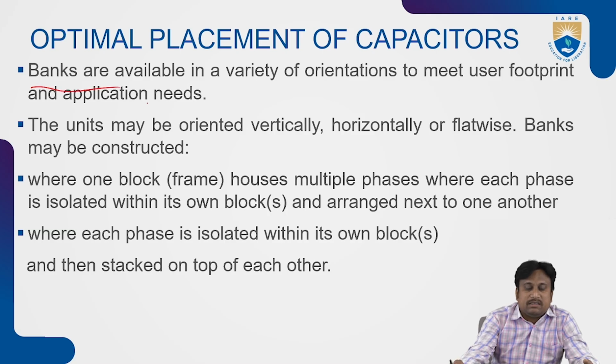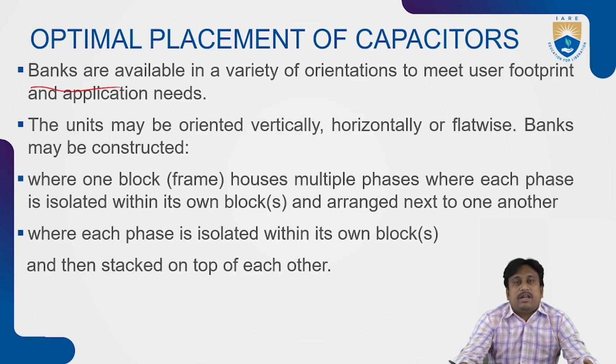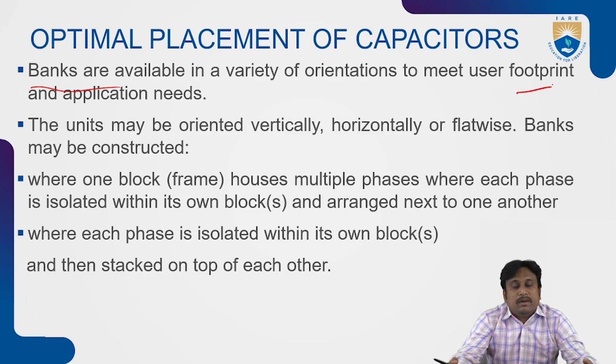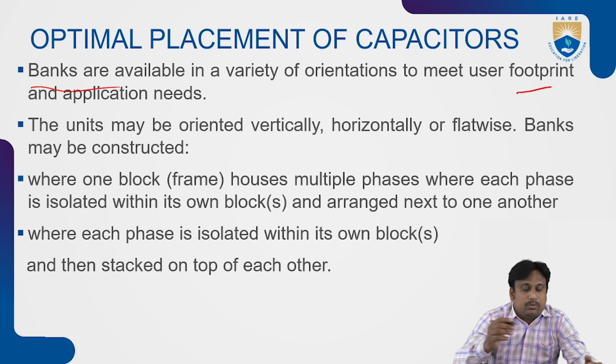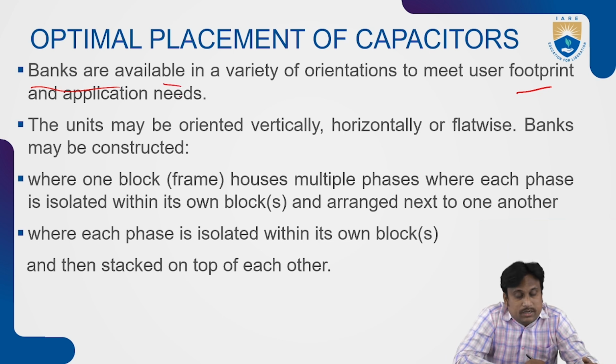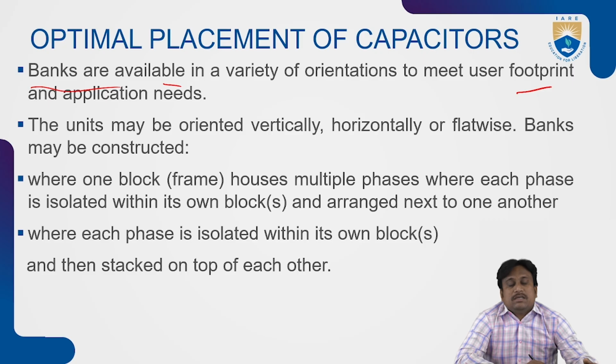Usually banks of capacitors are available in a variety of orientations to meet the user's footprint and application needs. It means a couple of capacitor setups are considered, and those are treated as banks of capacitors.